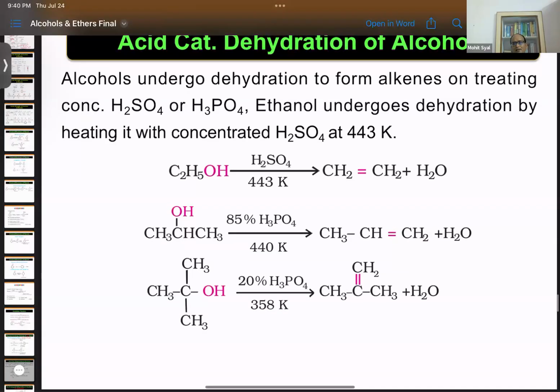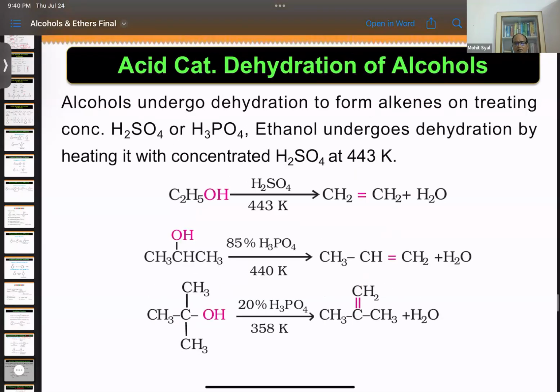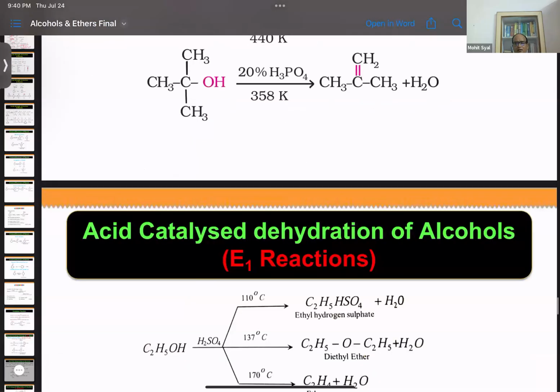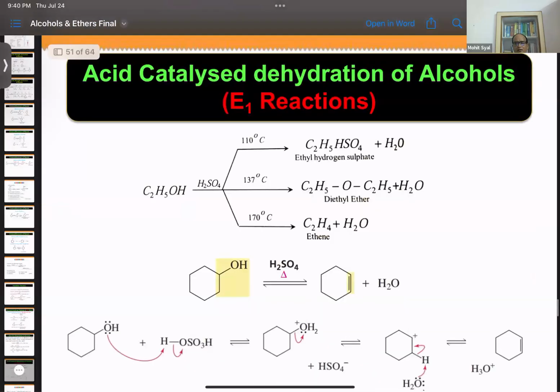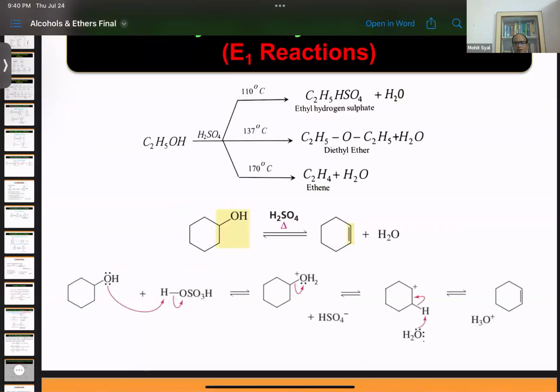And this is the acid catalyzed dehydration of alcohols. This is the mechanism which we discussed.